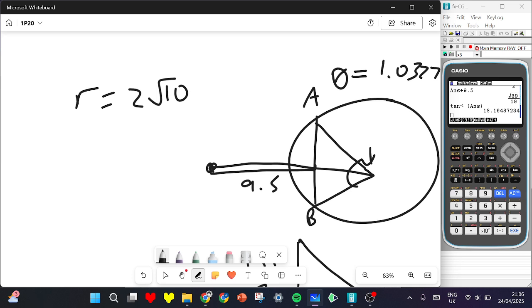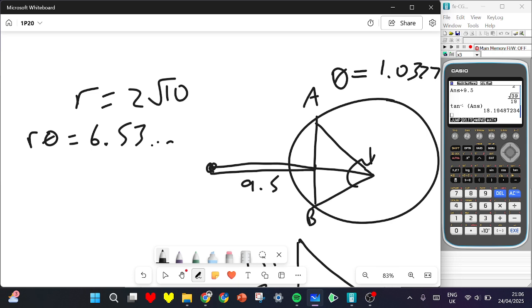And then the arc length is 2 root 10 times the theta value. I'm going to do that on my calculator. So it's like 6.53 and so on.